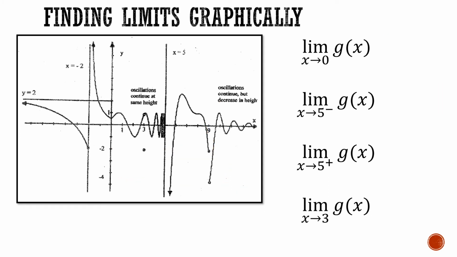All right, next example. We have the limit as x approaches 0, and they didn't put a plus or a minus sign, so we're just looking at the left and the right of g of x. Very first thing, find 0 on the graph. Then look on the left-hand side of 0 and see if it equals the right-hand side of 0. On the left-hand side, I'm approaching my graph, and it looks like I'm going down to, I don't know, 0.5, 0.75, something like that.